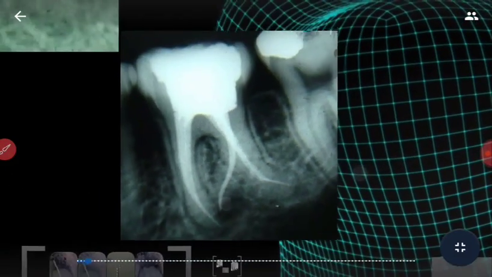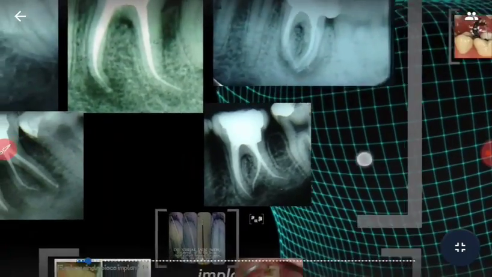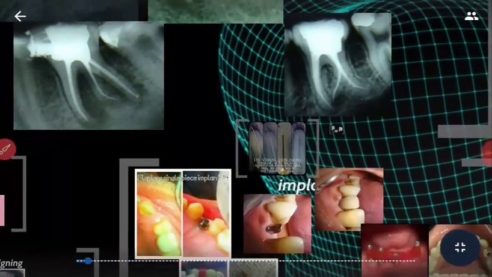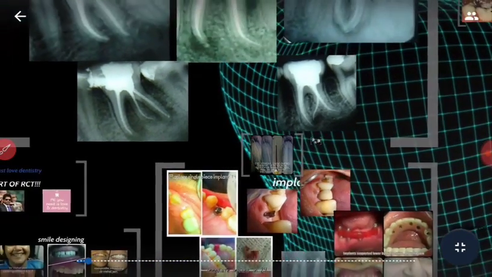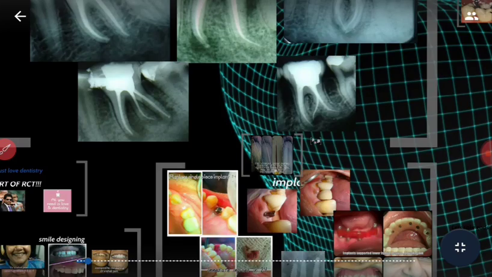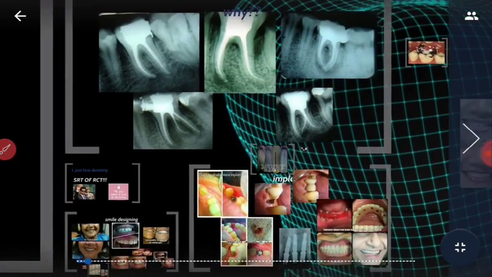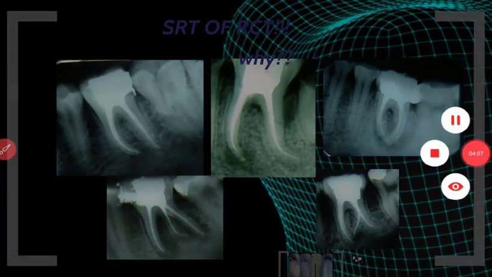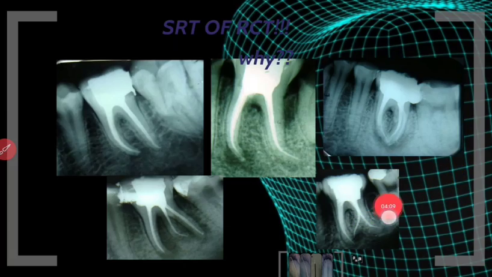Everybody makes mistakes, but people only show their good cases, including me, on FB. So don't get fooled by the dentistry shown on FB. Some of it is really good, some of it is really crap, but you have to learn yourself how you're going to do it.